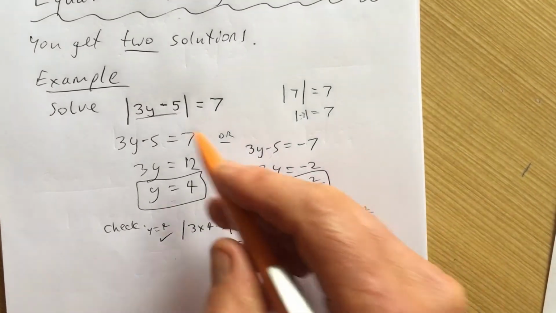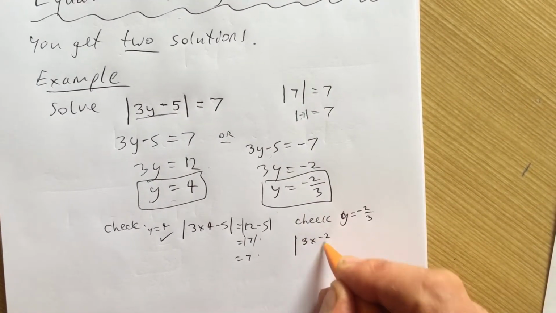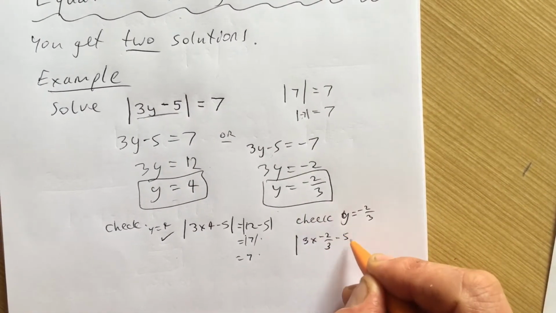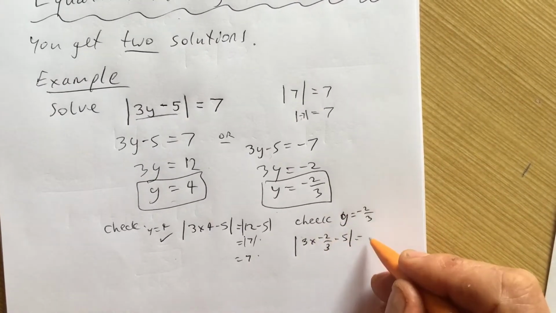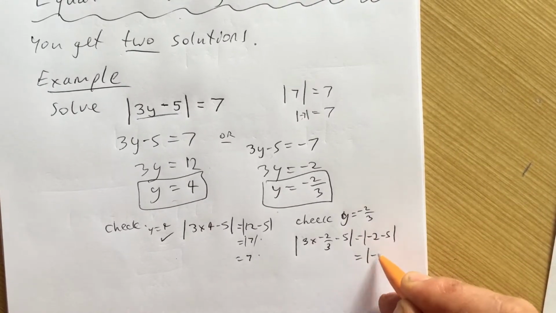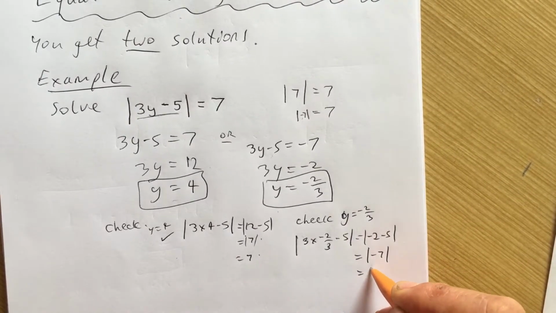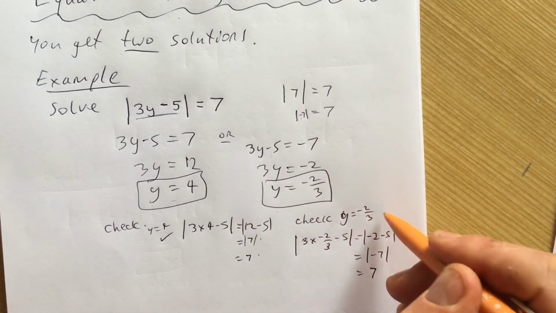We'll sub it in to here. The absolute value of 3 times minus 2/3 minus 5 is, the 3s cancel, so you get minus 2 minus 5, which is minus 7. The absolute value of minus 7 is 7, which is correct. It satisfies it. So in this case, they both work.